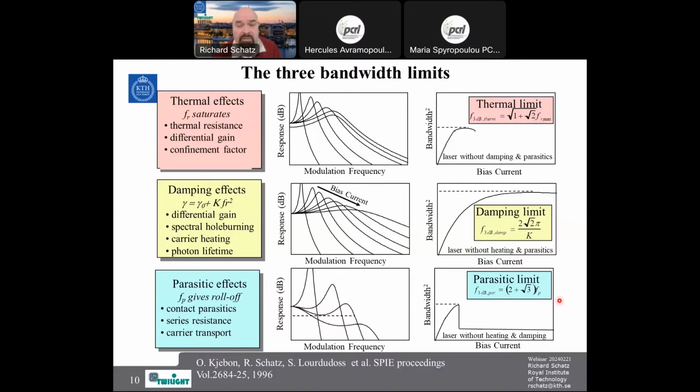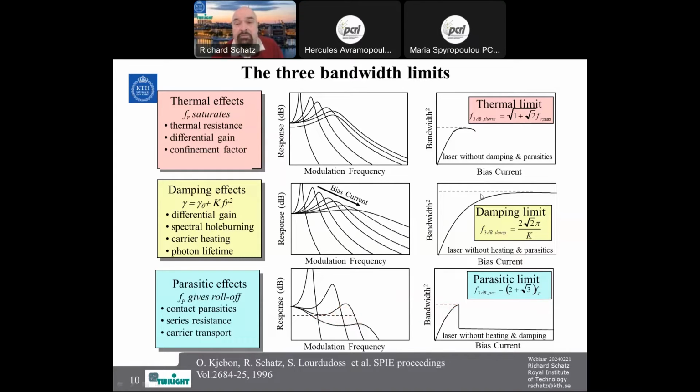It's higher than the RC cutoff because you still have a resonance frequency that helps to equalize the RC roll-off here, you see. So you can reach a higher bandwidth than the RC bandwidth here, but it has a limitation, and above a certain current, you see the bandwidth suddenly drops to this RC limited bandwidth. So this maximum bandwidth is given by the parasitic limit.